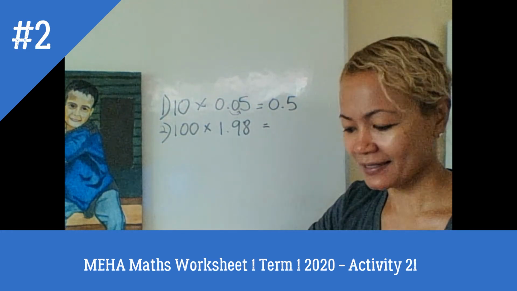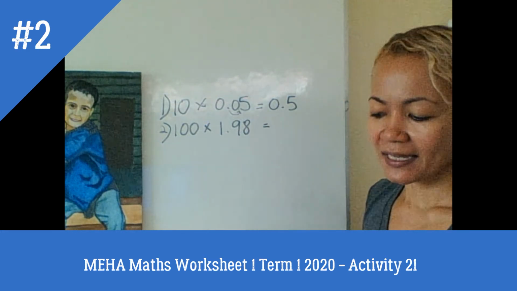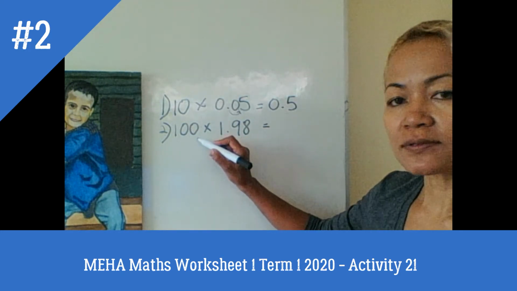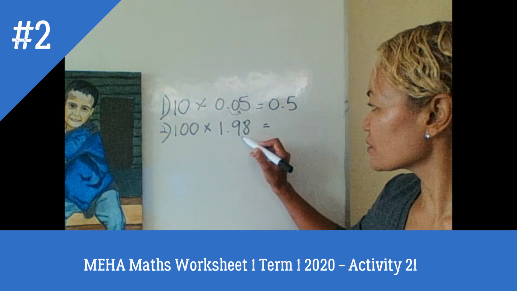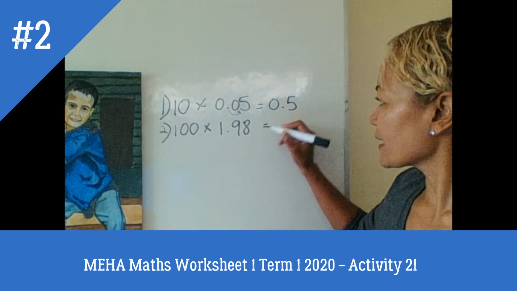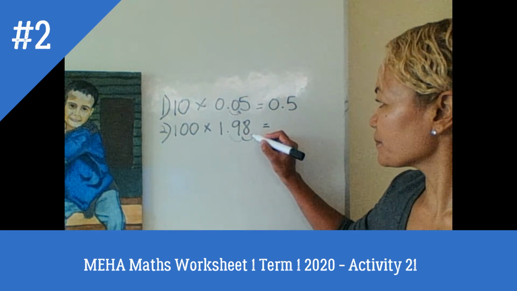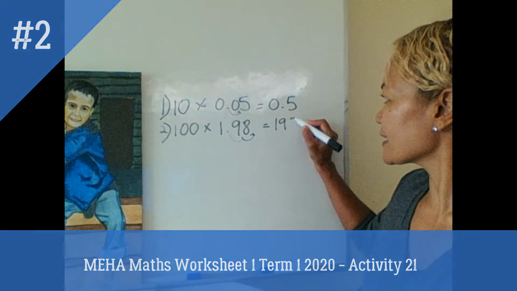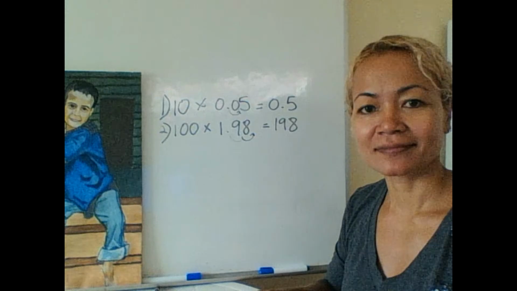Did you get it? Okay. The answer is, 2 zeros, so we move the decimal place 2 places. 1, 2. So now it becomes 198. Did you get that?